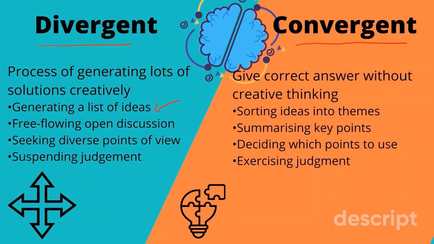Whereas convergent is more realistic, that you give the correct answer, yes or no, and organize ideas into different teams, different categories, and summarize all key points and decide what points should be used, exercising the judgment on the point that is to be used.